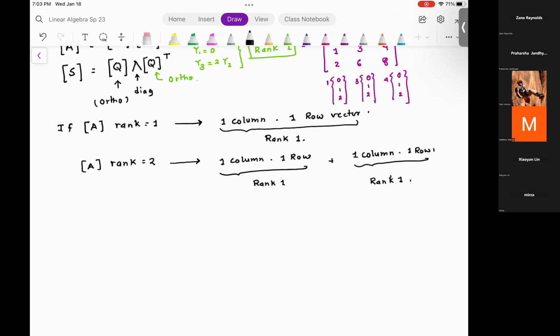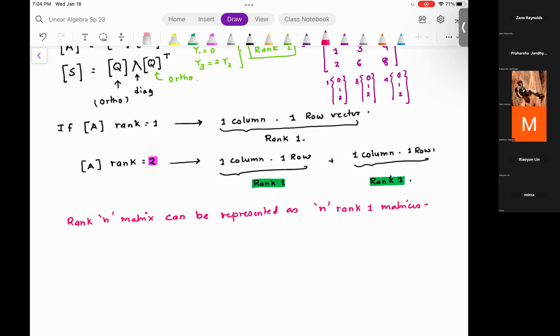So as a note to observe, if the matrix A has rank 2, it can be represented as two rank 1 matrices. So the takeaway from here is a rank n matrix can be represented as n rank 1 matrices.